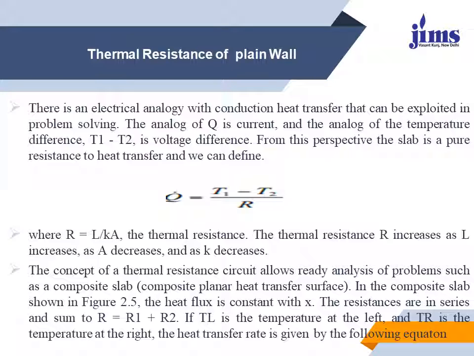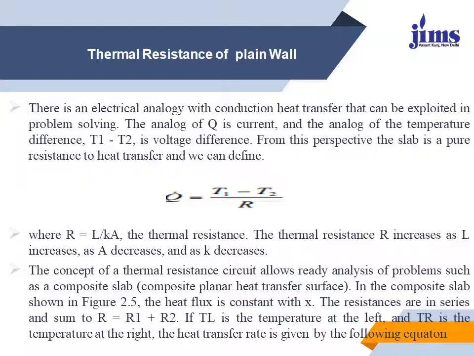In this slide we show Q dot equals T1 minus T2 divided by R, where T1 minus T2 is the temperature difference, and R is the thermal resistance of a wall. It may be a composite wall, a spherical wall, or a cylindrical wall. There is an electrical analogy with conduction heat transfer that can be exploited in problem solving.